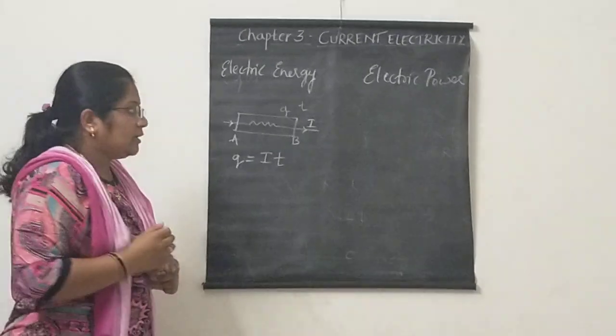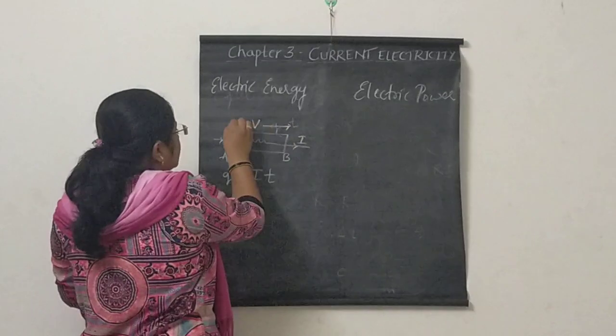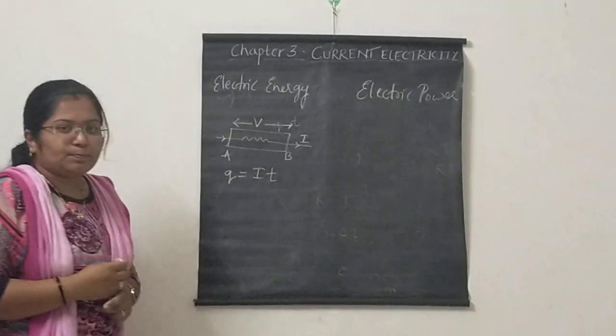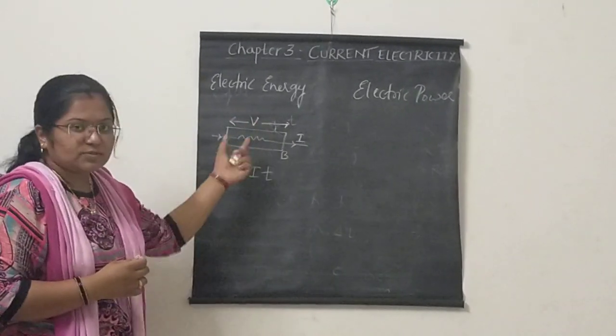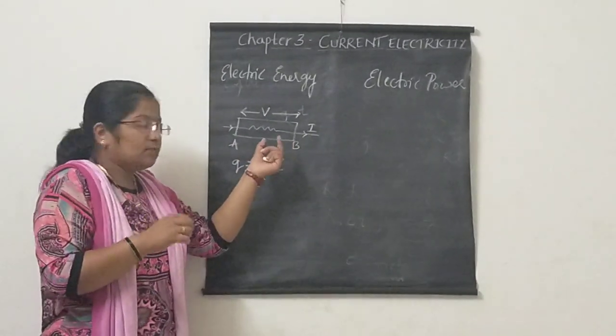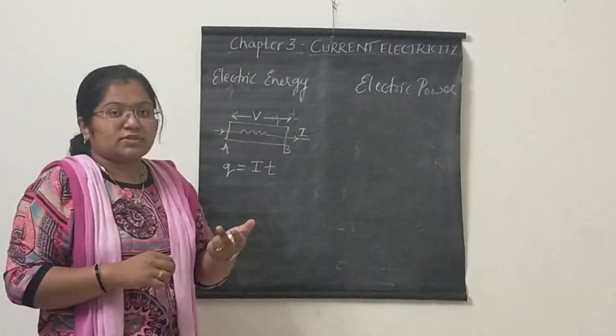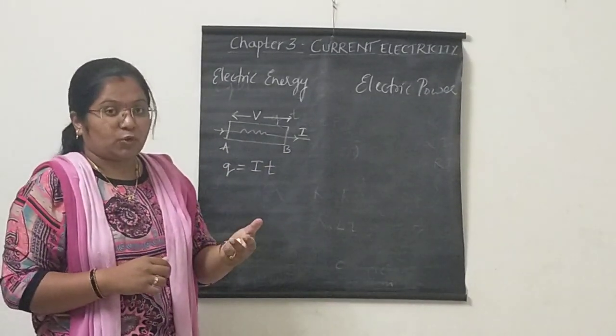Okay. But if V is the potential difference between A and B, we have to consider the work done in bringing the charge from A to B. Like in the second chapter of your syllabus, you will study the electric potential.